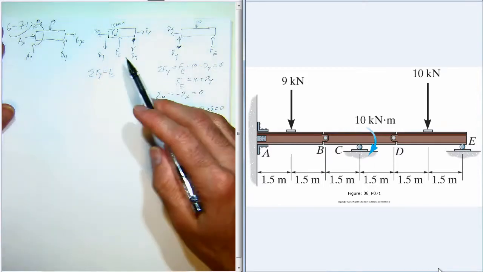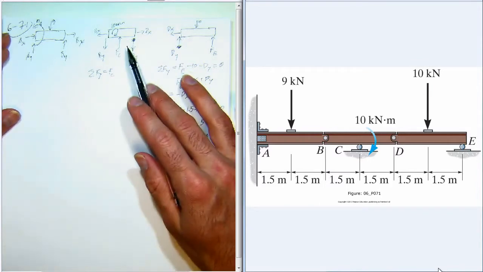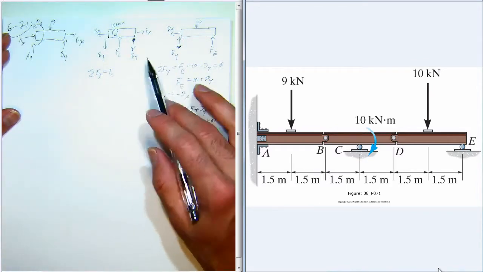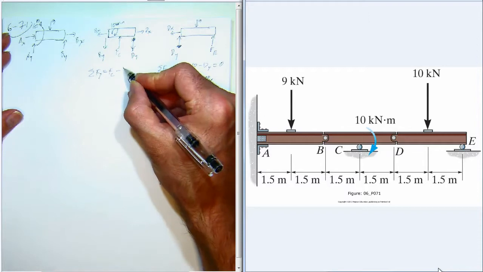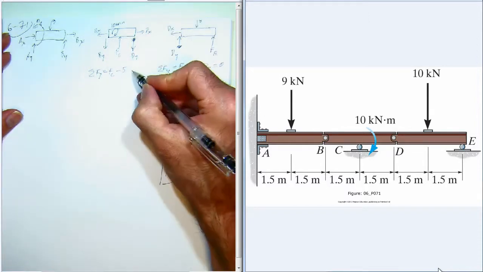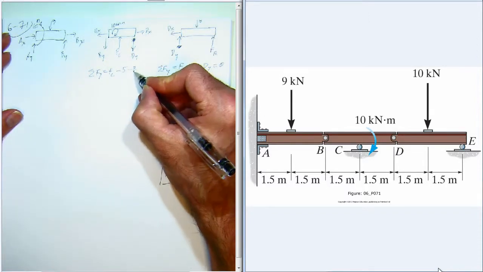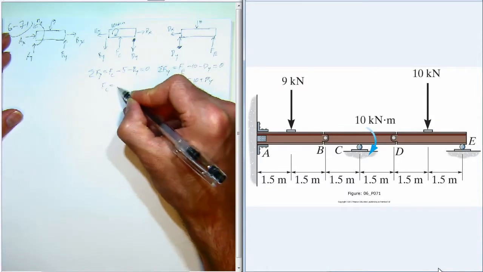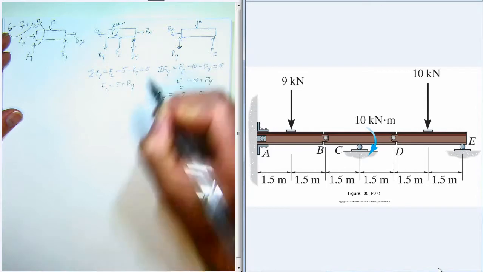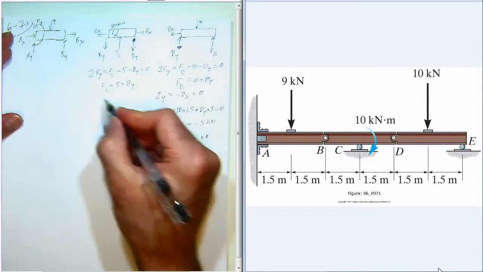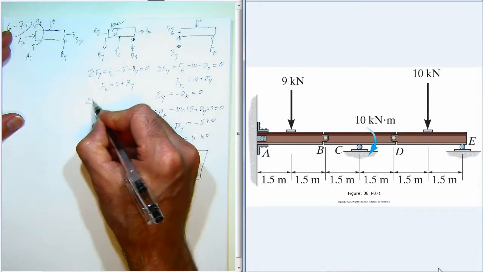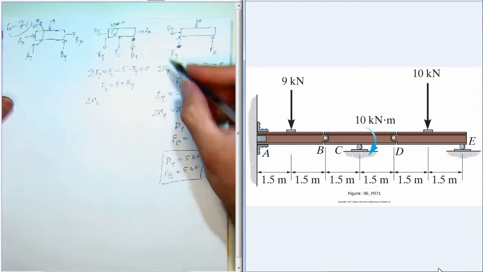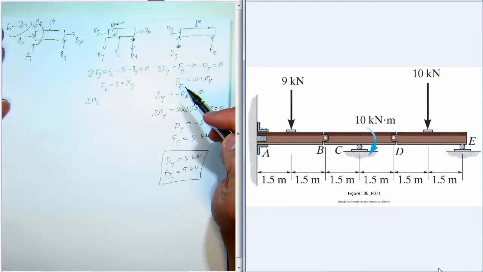So free body, the forces in the y direction on BD, we have Fc acting up, Dy acting down, so that's 5 kilonewtons down, and minus By, and that all adds up to 0. So that gives us that Fc is equal to 5 plus By. We'll now take the sum of the moments about point C, and that leaves us with just one unknown, which is By.